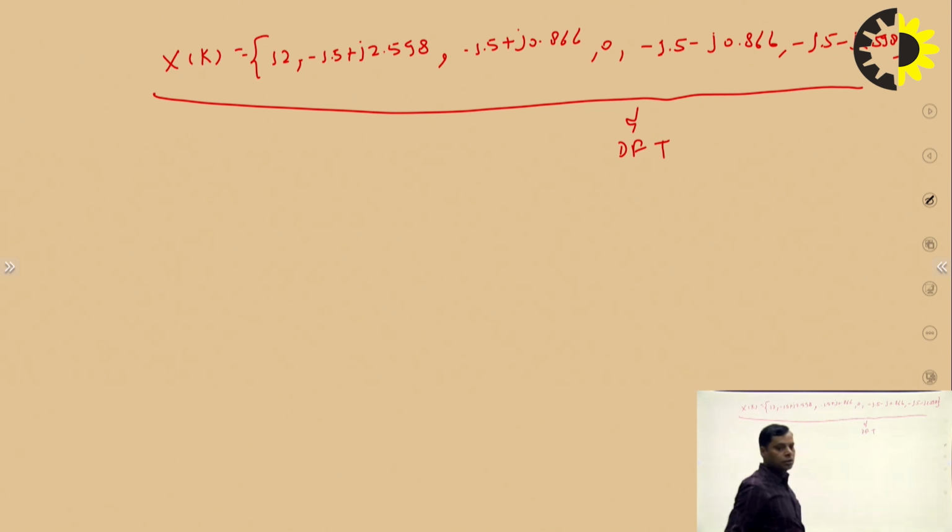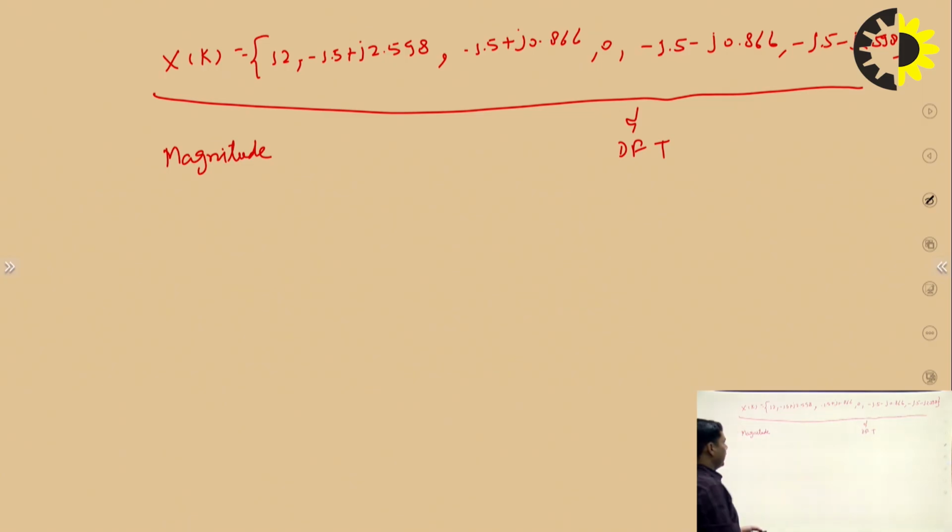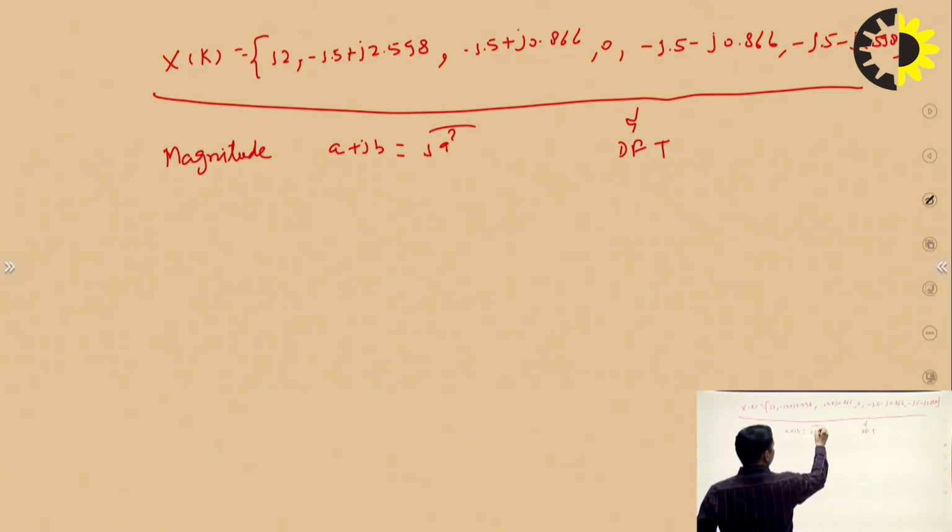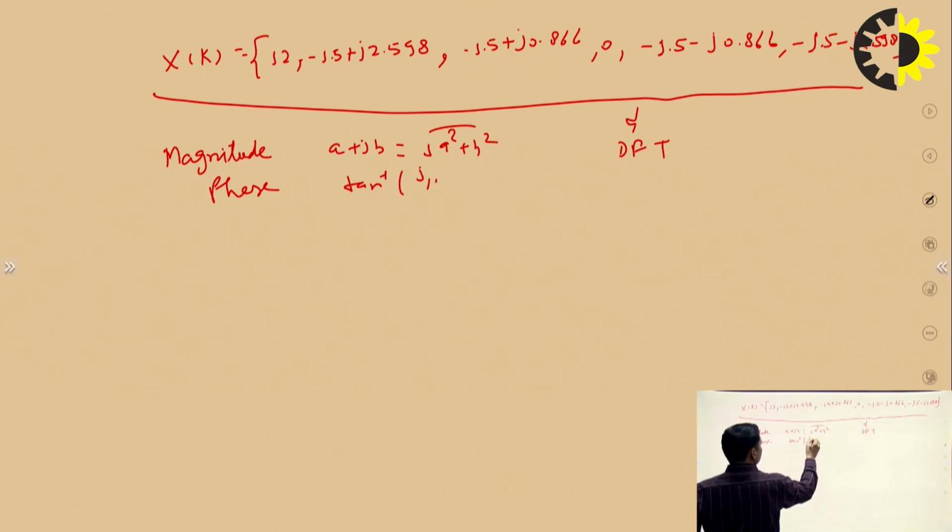After that, the question has been asked: compute its phase and magnitude spectrum. Here the values are complex values. So when we go for the magnitude value, for any complex number a plus jb, the magnitude is equal to the square root of a square plus b square, and the phase is equal to tan inverse of b upon a.